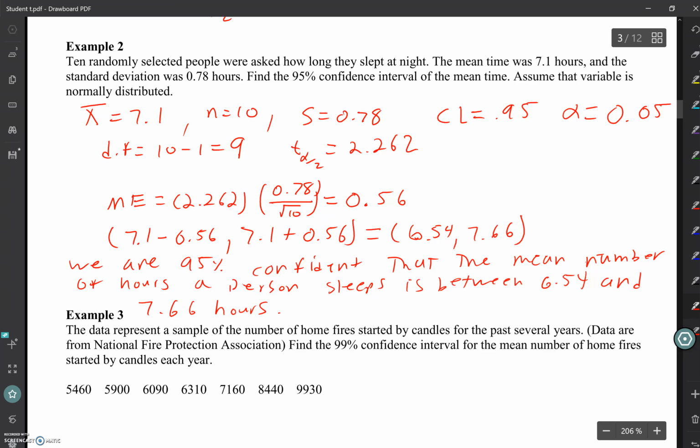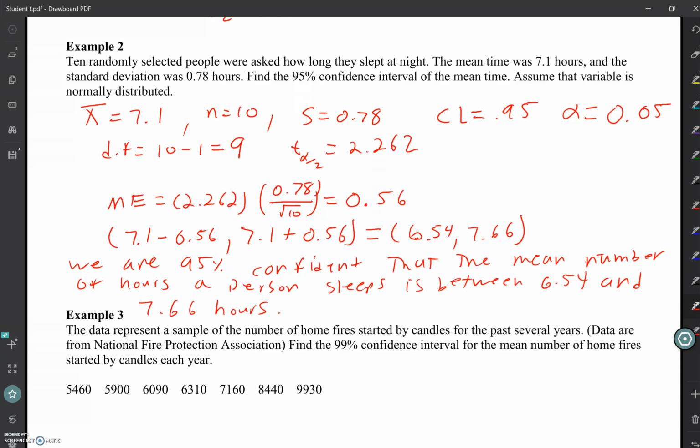And again, this is the mean of the population. We used this sample to try to tell us something about the population, not just our sample here.